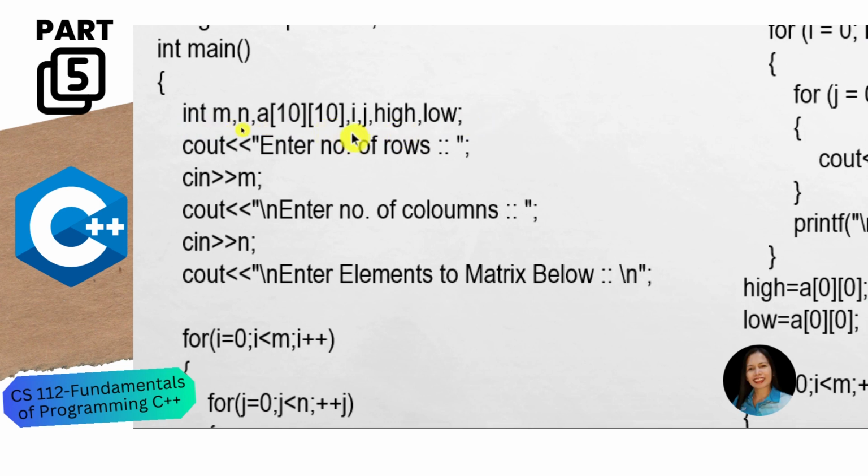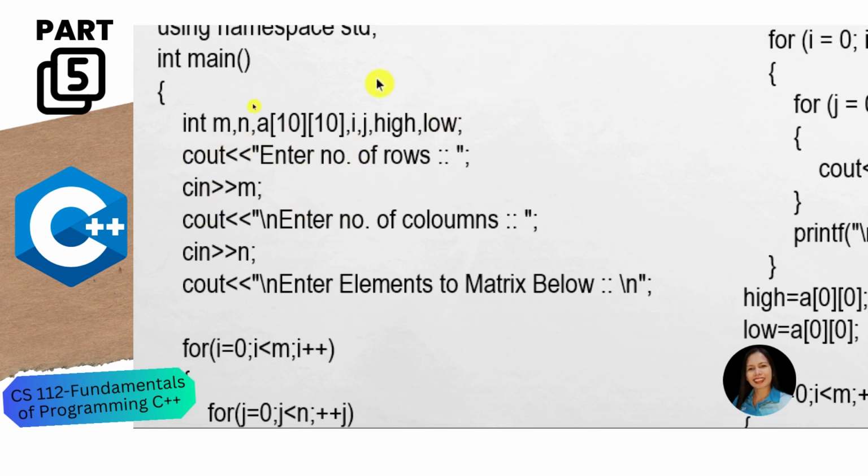The I here is for the row, and the J is for the columns. What I'm saying is that for the iteration part, this one is for the iteration of our rows, and this one is the iteration for our columns.